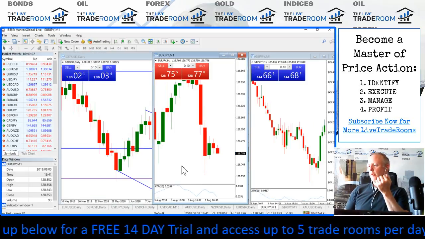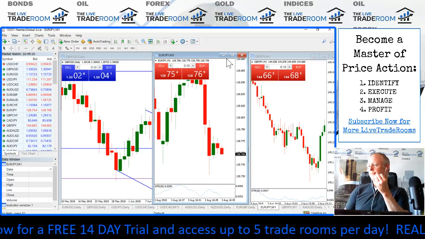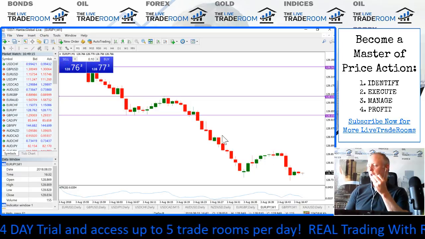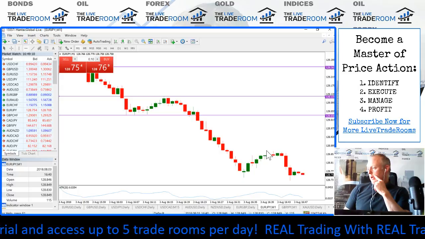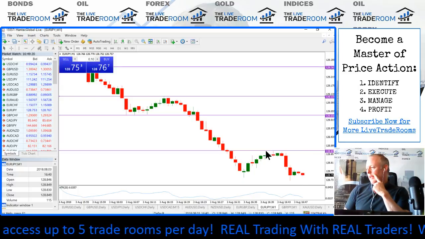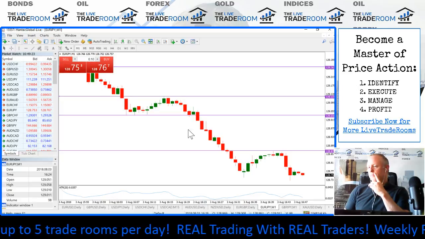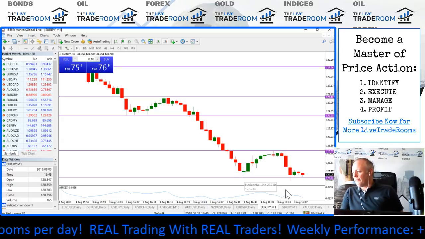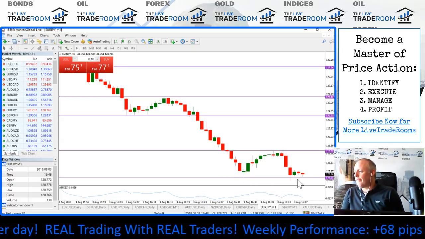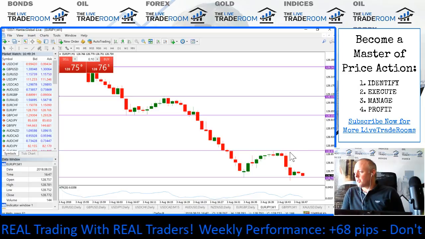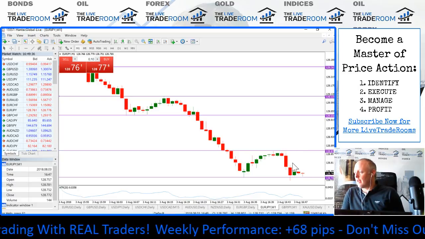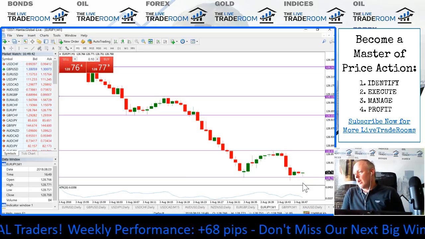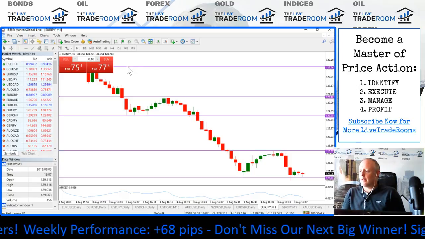So we got the straightforward little pullback. The only reason why we don't like this is because we're pulling back literally in the middle of nowhere. So I mean, that's just the way these markets unfold sometimes. So it is still very possible, if we get a break below that level, to sell below the 128.74 and place your stop loss above the 128.87 if you perceive this market to continue further to the downside.